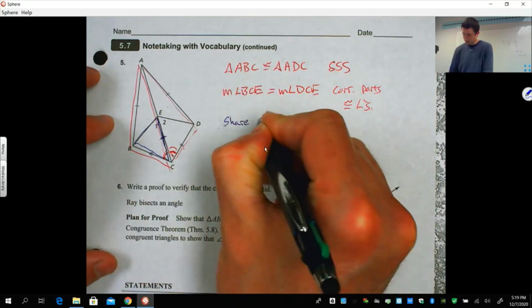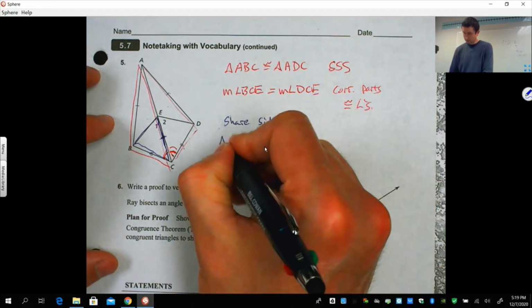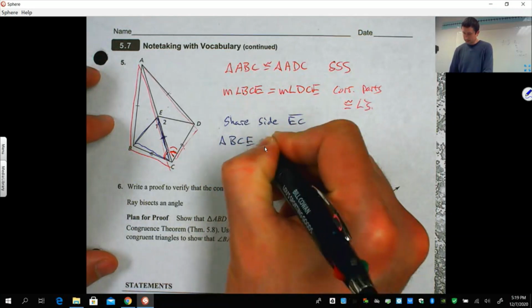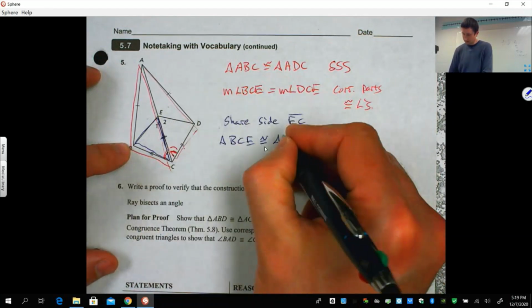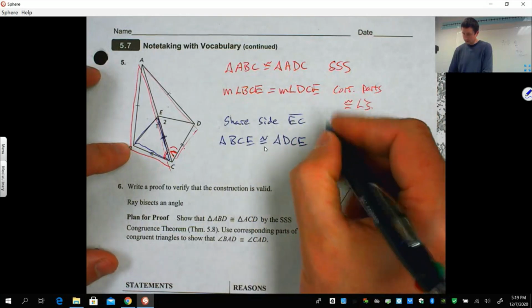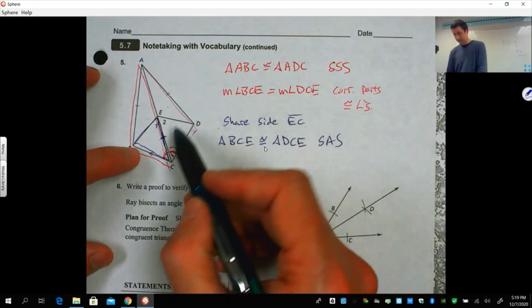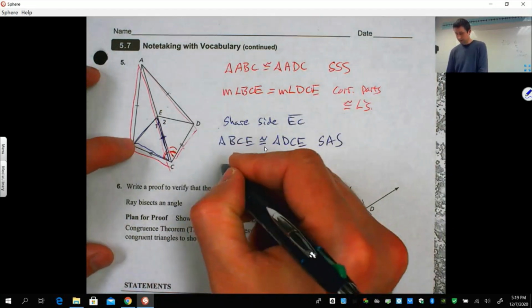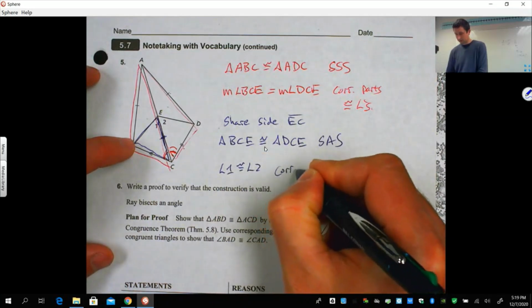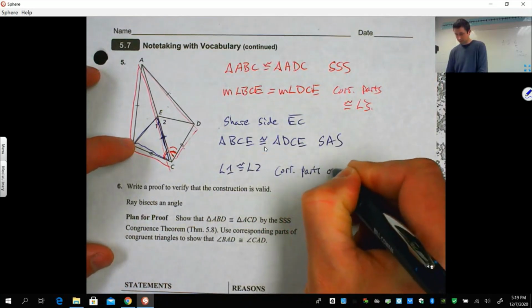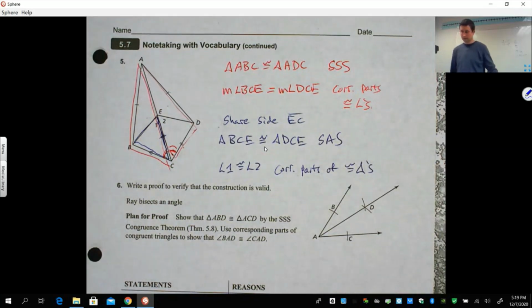So we know we share the side EC. That's common to both. So triangle BCE has to be congruent to triangle DCE, and that's side angle side congruence theorem. And since these two triangles are congruent, angle 1 is congruent to angle 2 because they're corresponding parts of congruent triangles. Not angles, triangles.